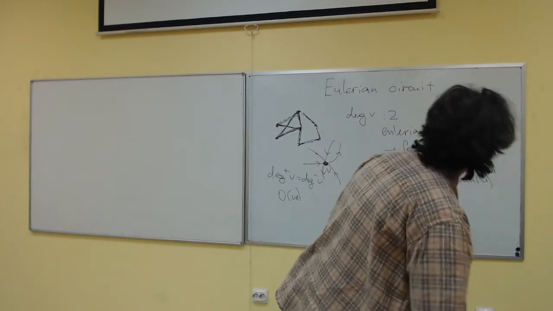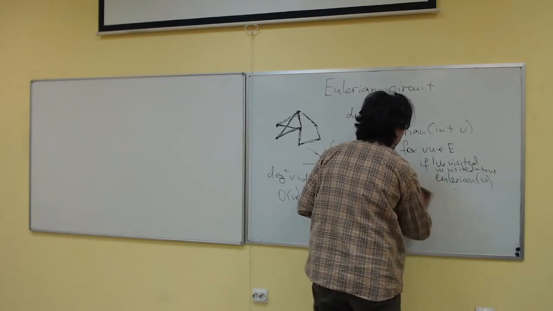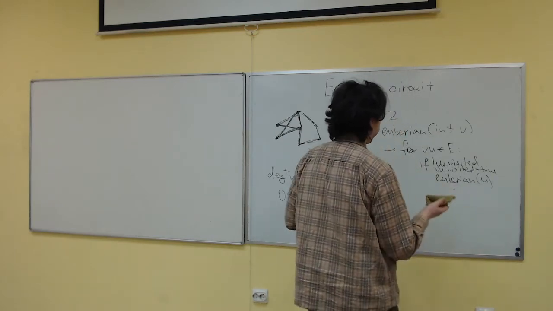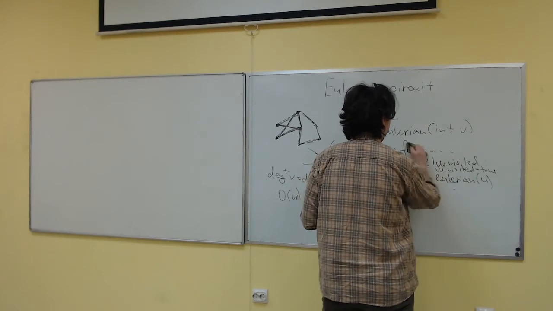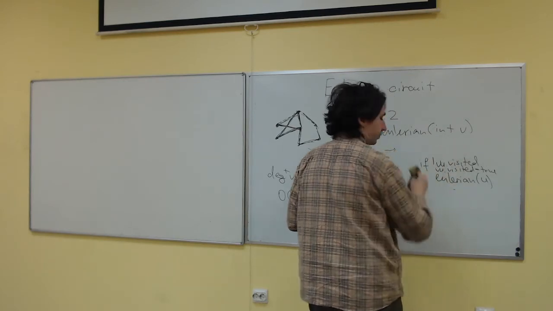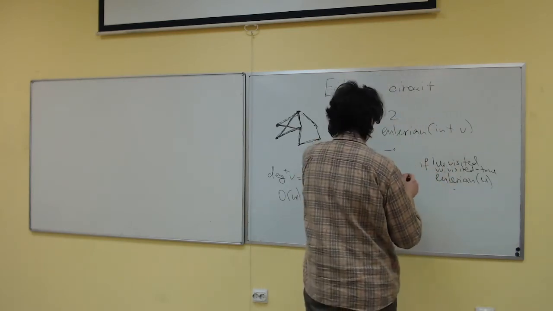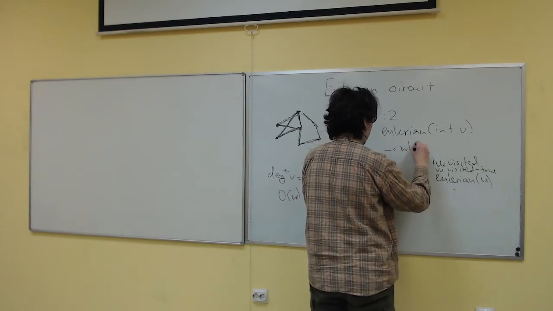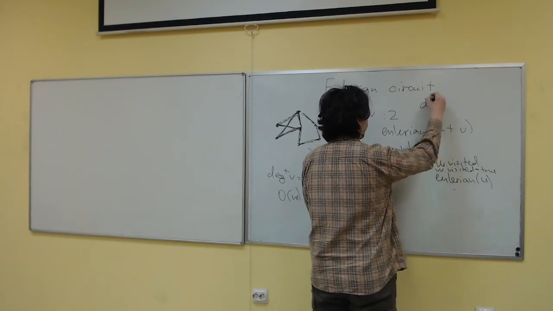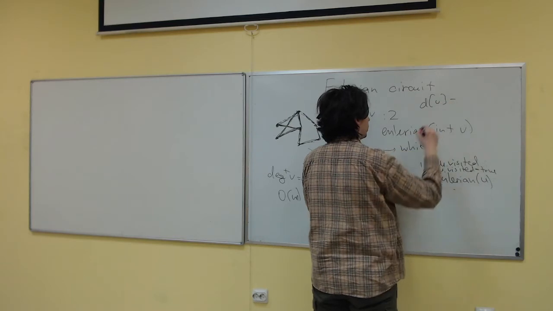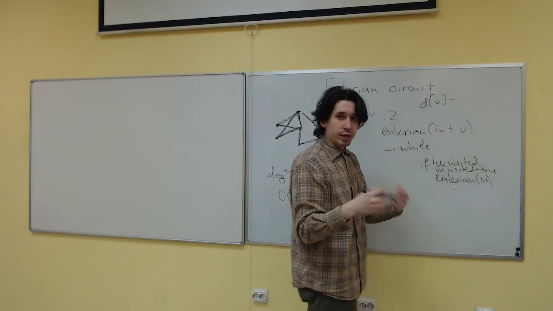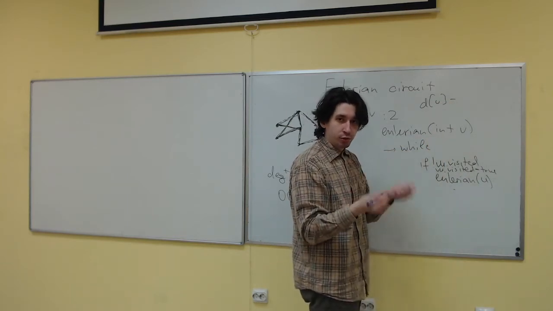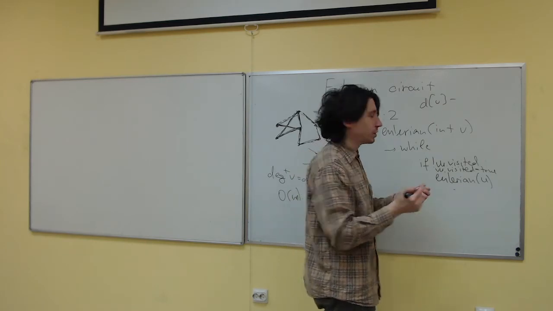To solve this issue, we should use a special array, like d of v is how many edges we have already gone through at v, how many we already passed through.